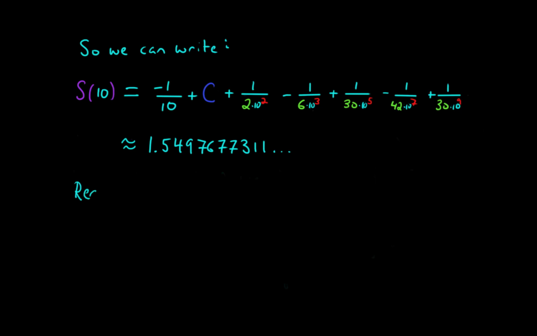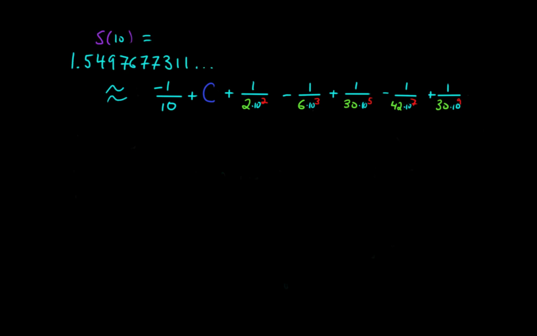So when I do this rearrangement, I get s of 10 equals 1.54976773111..., approximately equal to negative 1/10 plus c plus all these other numerical terms. And I find that c is therefore approximately equal to 1.54976773111. Okay, so now I'll move some terms over.